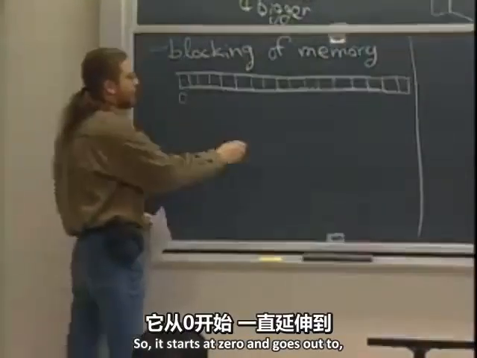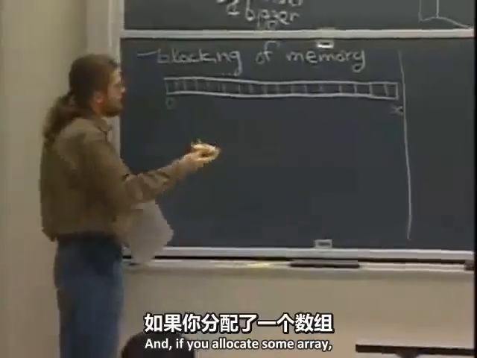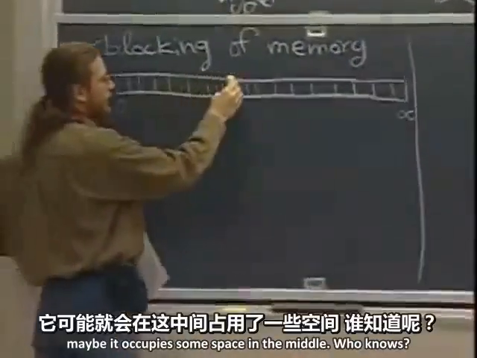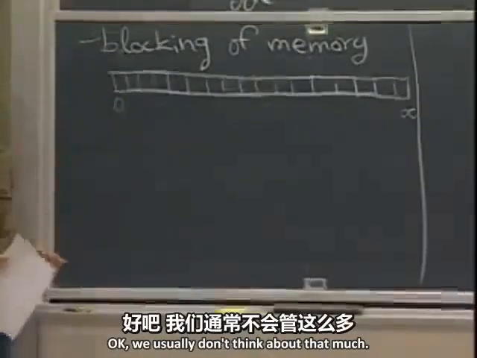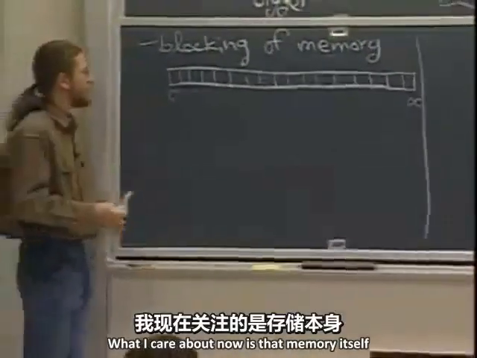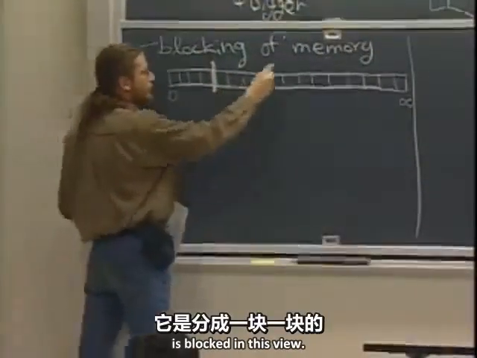So it starts at 0 and goes out to, let's call it infinity over here. And if you allocate some array, maybe it occupies some space in the middle. Who knows? We usually don't think about that much. What I care about now is that memory itself is blocked in this view.